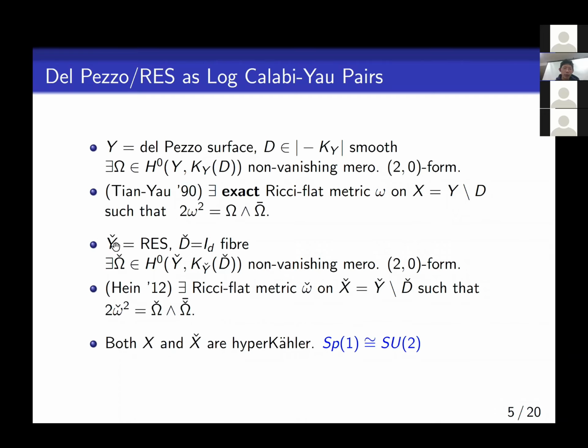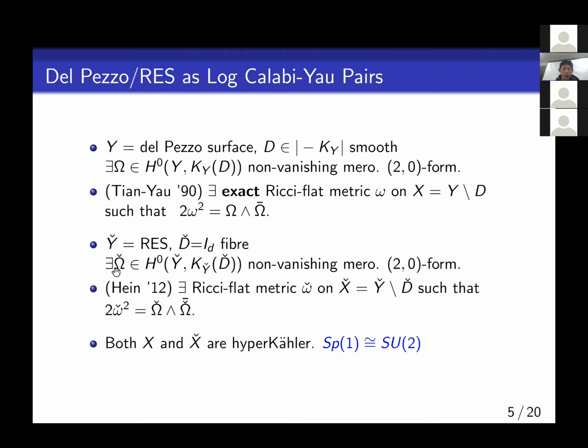On the other hand, I'll use Y check to denote a rational surface. So the notation without check will be related to the del Pezzo surface, and the notation with check will be related to the rational surface. And D check is an I_d fiber, some I_d fiber.